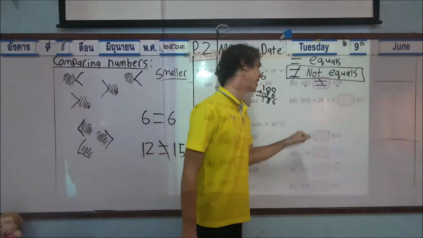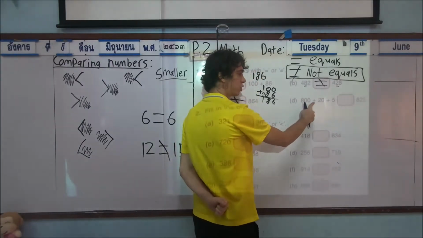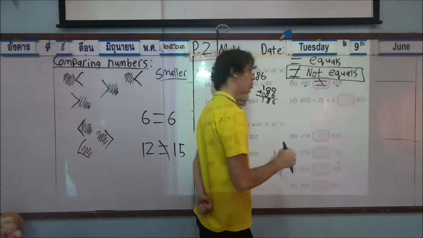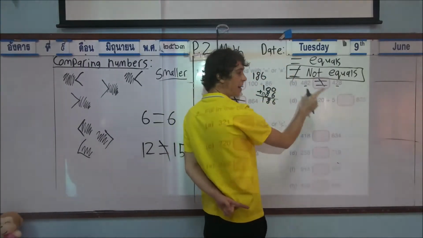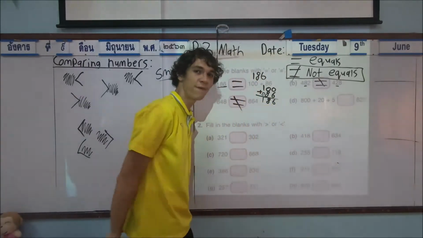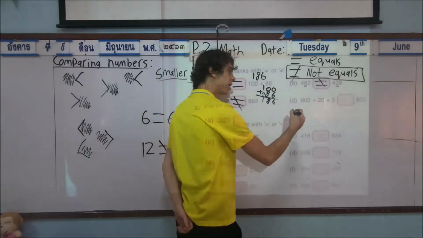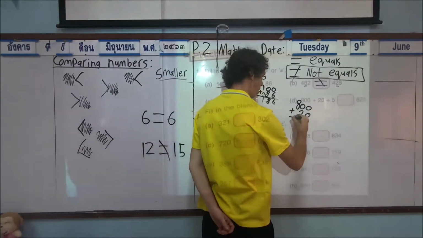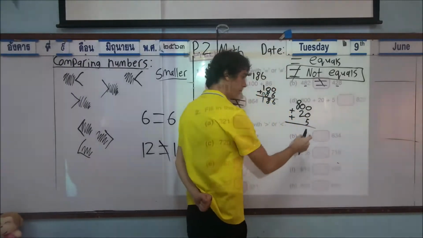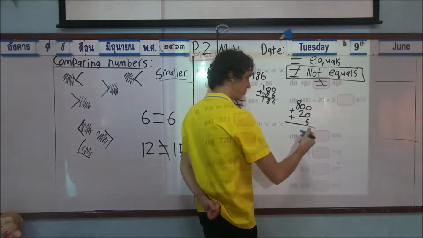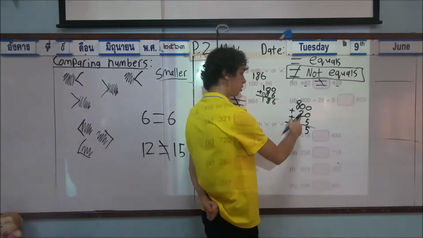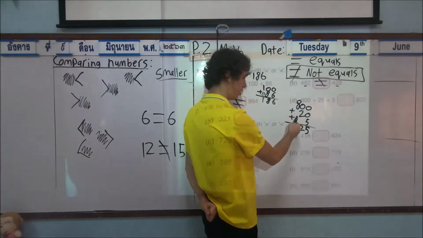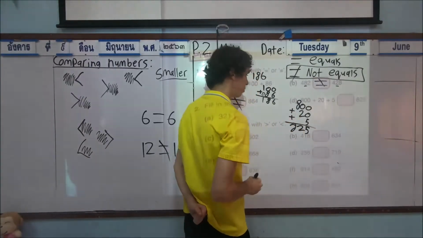And D, 800 plus 20 plus 5, is it the same or not the same as 825? I have to add 800 plus 20 plus 5. 5 plus 0, 5. 2 plus 0, 2. 8 plus 0, 8.